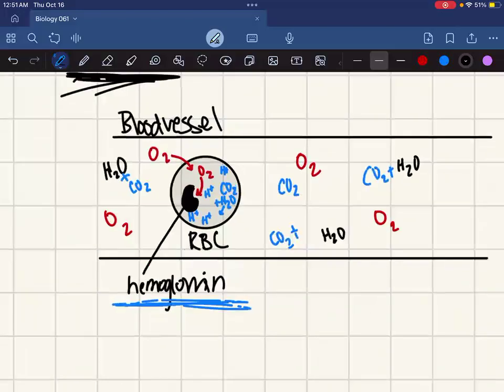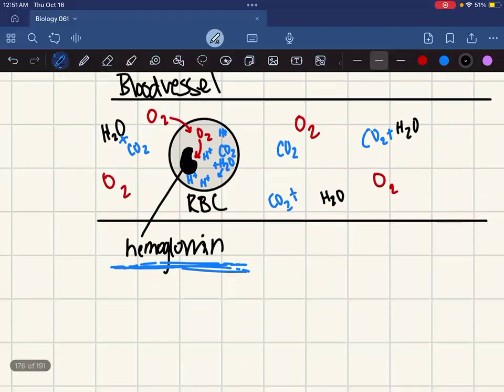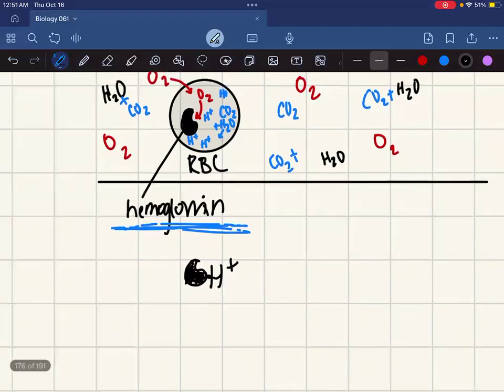And so, in order to regulate the amount of H plus ions, hemoglobin can temporarily bind. I'm just going to draw it here. Hemoglobin can temporarily bind to H plus ions and pull them out of circulation. So it just binds to it, which raises the pH.